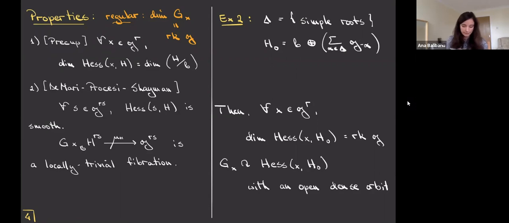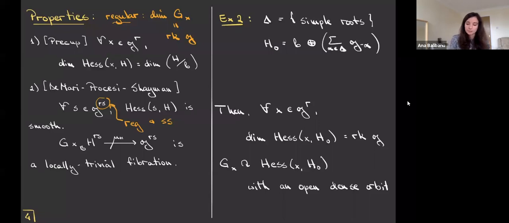Okay, and then the second result, which is due to De Mari, Procesi, and Shayman, who are actually the first ones, I believe, to study Hessenberg varieties in the late 80s or the early 90s, says that for a regular semi-simple element, so here, regular semi-simple is what the superscript means.